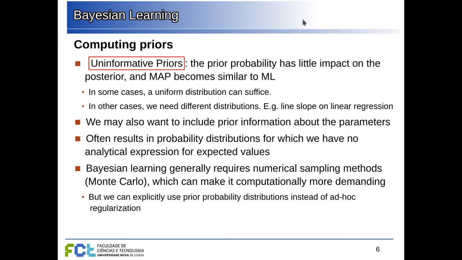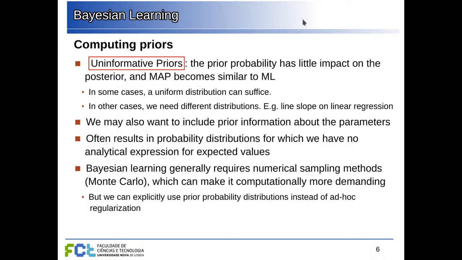Usually the prior distribution is best made as uninformative as possible, and this may require some complex computations, usually done by Monte Carlo, by simulations and so on. So Bayesian learning requires a lot more computational power than, in general, the frequentist approach that we saw.